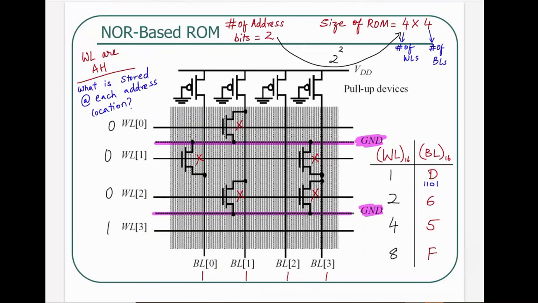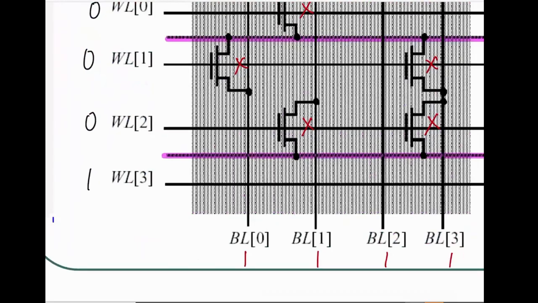Do you need output inverting buffers or you don't? So the question is, do you need output inverting buffers in this case or you don't? Do we need output inverting buffers?